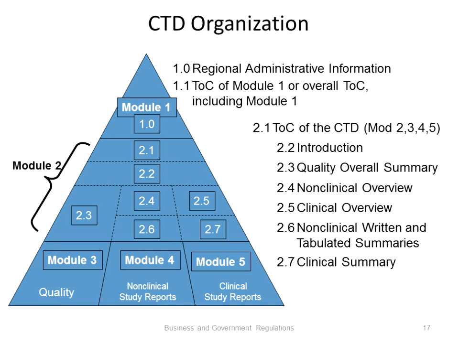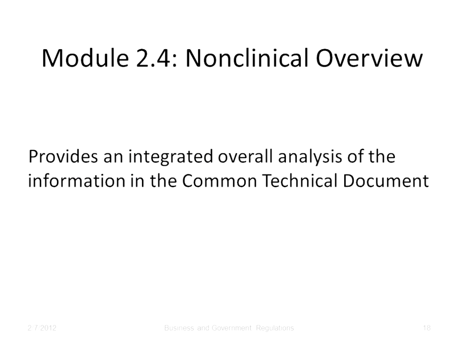Okay, there it is. All right, so we were talking about Module 2. Now we will talk about Module 3, right? Oh, no, we are still talking about Module 2.4, non-clinical overview.